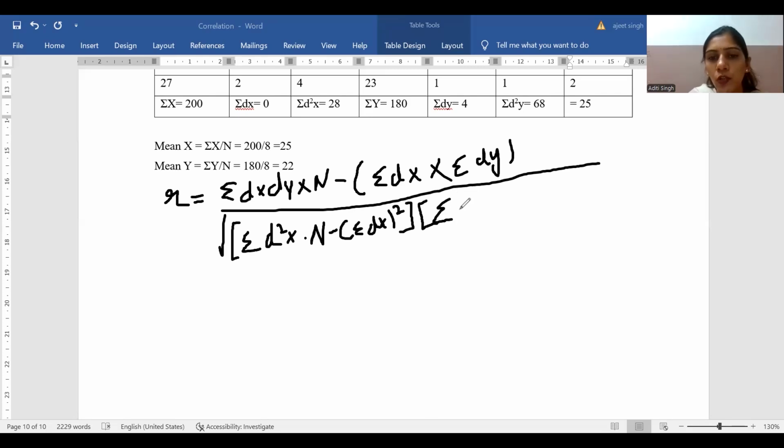Similarly, follow with the value of y, d square y basically, multiply by n minus, then put the small bracket and sum of dy whole square.